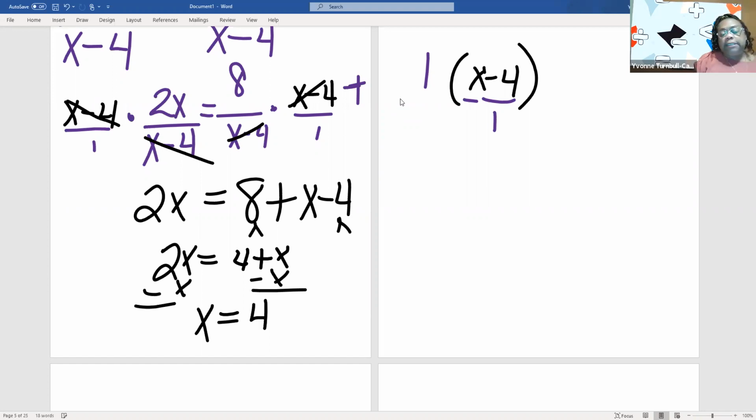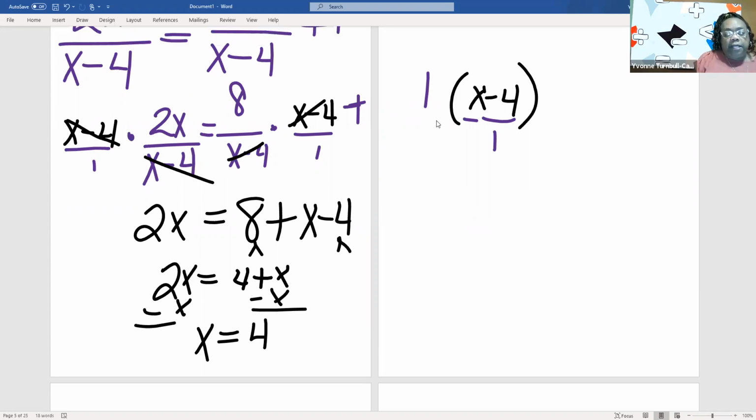Now, let's check. We haven't checked all of them, but here again, it behooves you to check. Here again, ladies and gentlemen, as a math student, you have to be observant. When I solve this problem, I have a solution of 4. If you look at your original problem right here, this is your denominator.